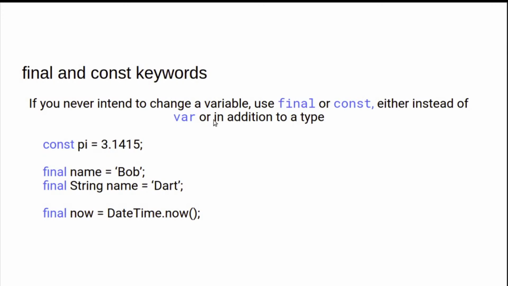We don't want the response to be changed by any part of the code. So we make a final httpResponse and assign the response to it. It is assigned only once, and the value cannot be changed, but it can be assigned at runtime also. That is the difference between const and final.